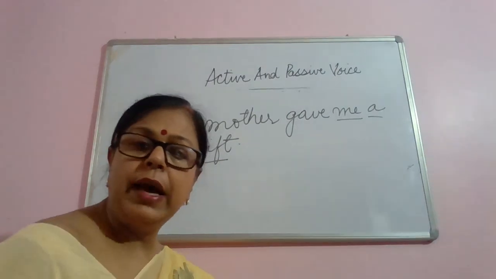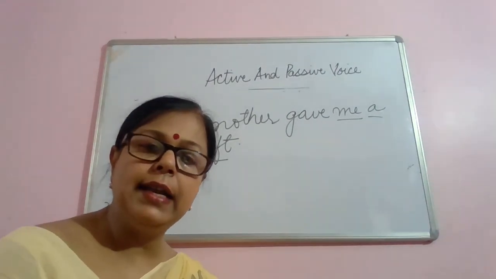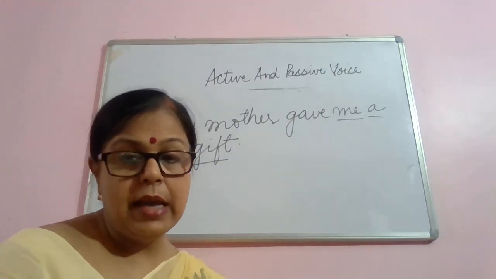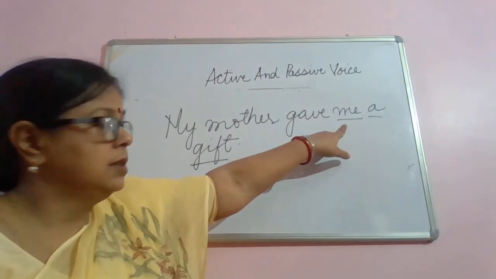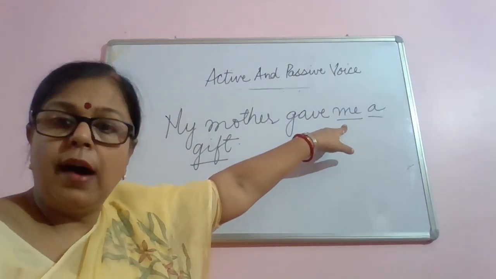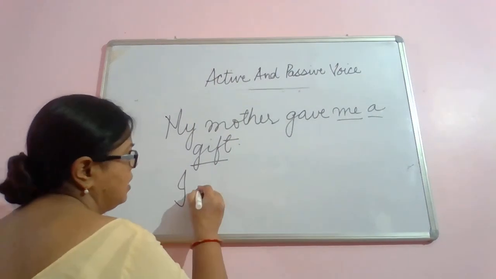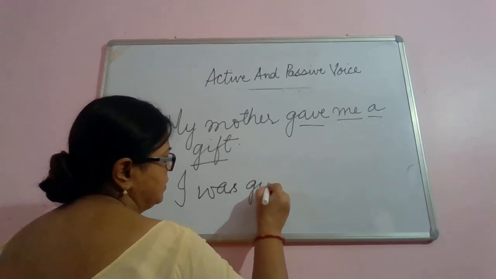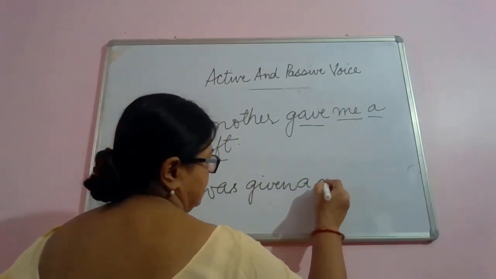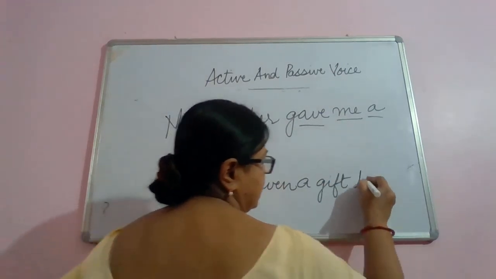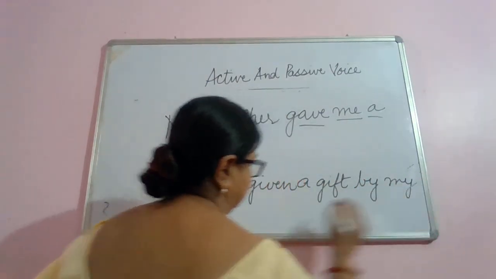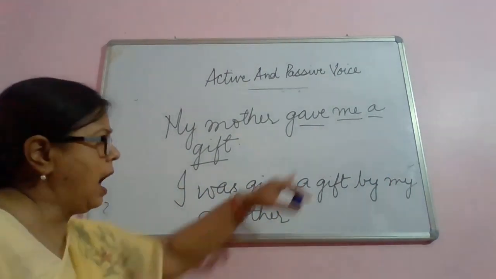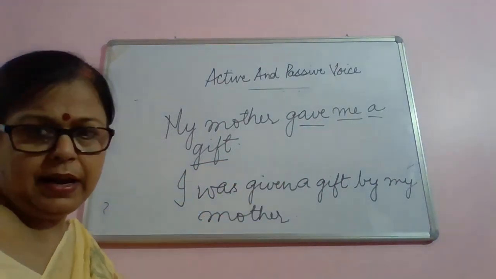Where there are two objects, direct and indirect, we can make sentences with both. First I'll make it with me. Me changes to I. I was given a gift by my mother.